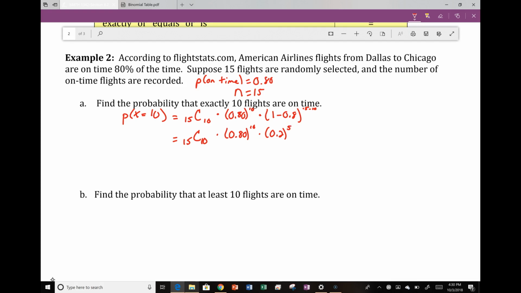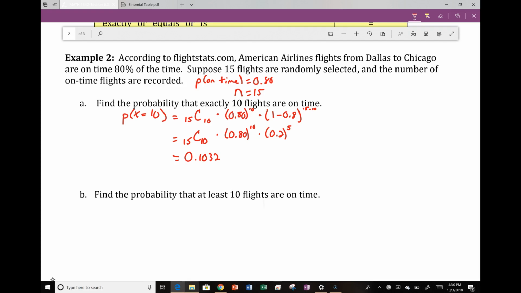You will notice that this value and this value in the exponent form add up to our total n. Also, the probabilities in the parentheses have to add up to 1. When we do this in our calculators, we get 0.1032. So the probability exactly 10 flights are on time is 0.1032.